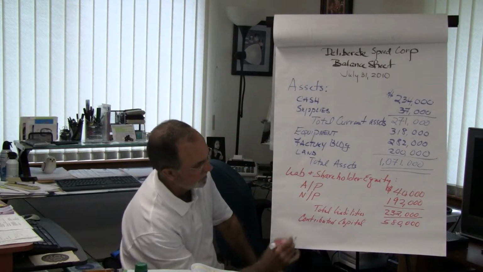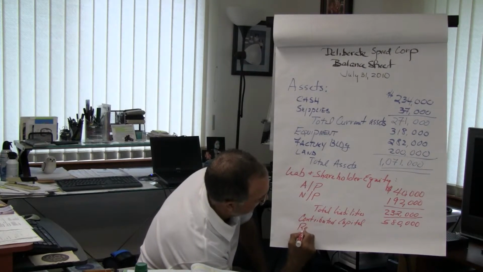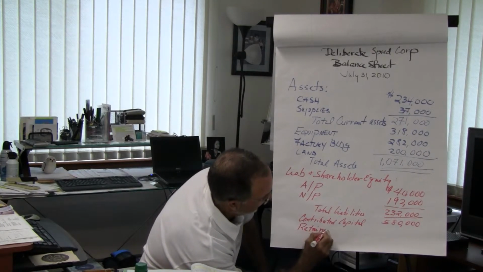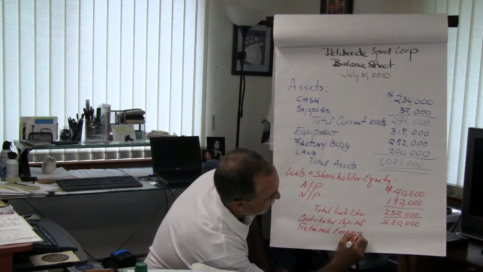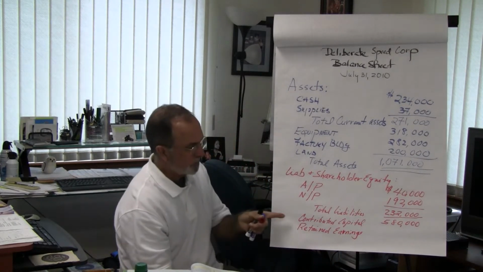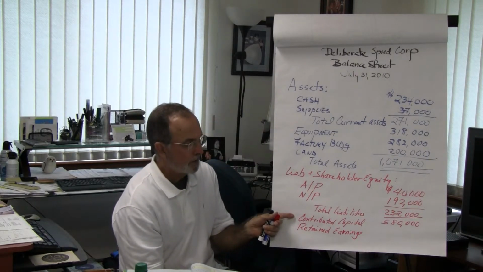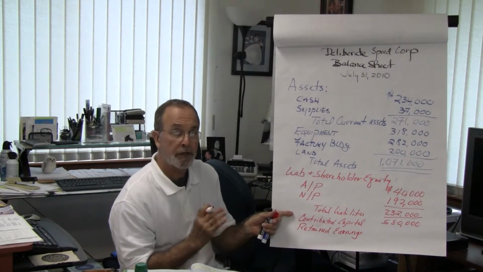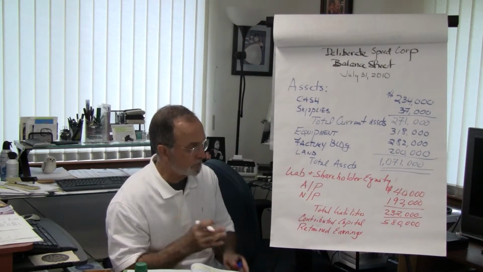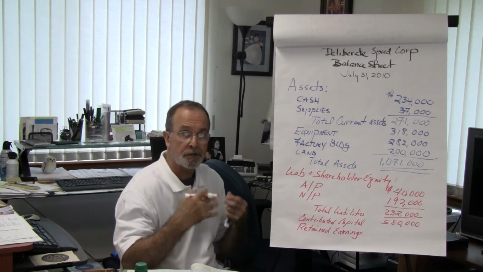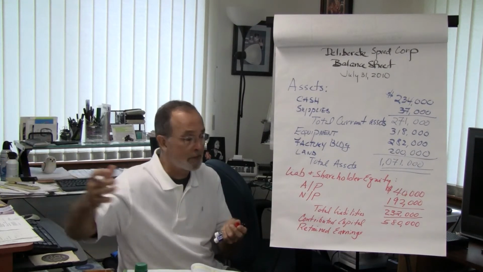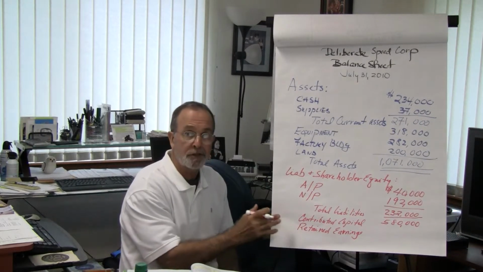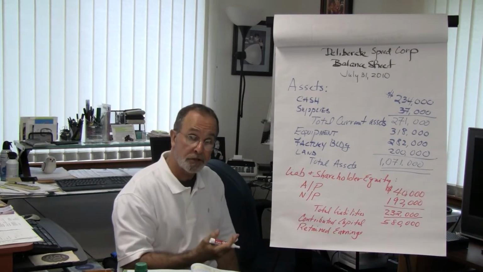Contributed capital and retained earnings. Again, contributed capital is capital or equity contributed by the owners of the business. Retained earnings is the accumulation of net incomes and profits over time. Retained earnings represents internally generated capital.